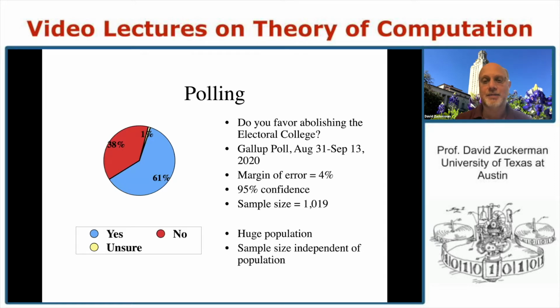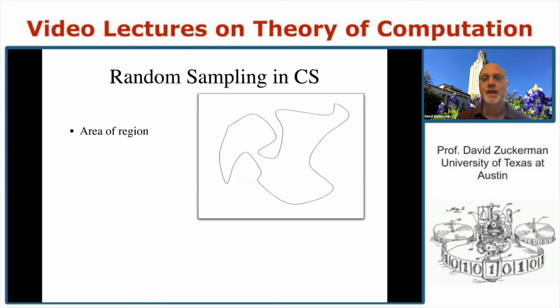So in fact, it wouldn't matter if the US had a population of 300 trillion, still a sample size of just 1,000 would suffice to get high confidence of the right answer to within a small margin of error. And this idea is useful in computer science.